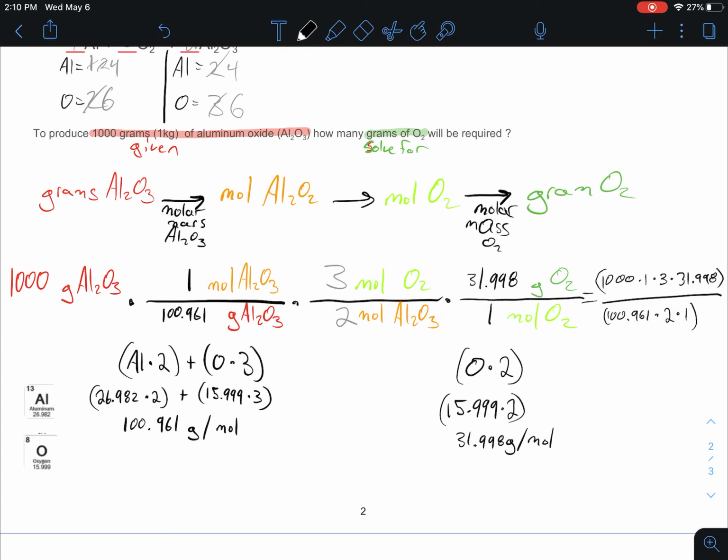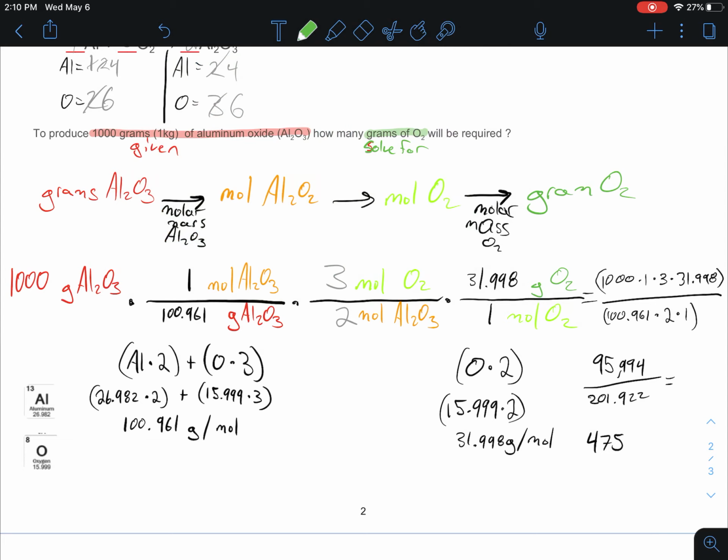Solve those. On the top, you end up with 95,994. In the denominator, you have 200.922. Solve that one last time, and you end up with 475.